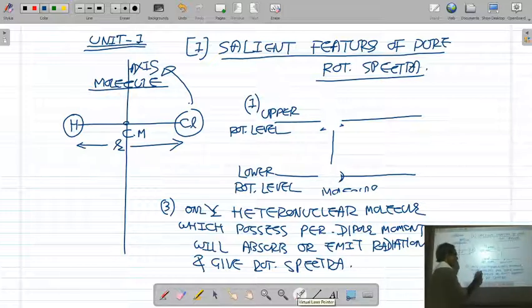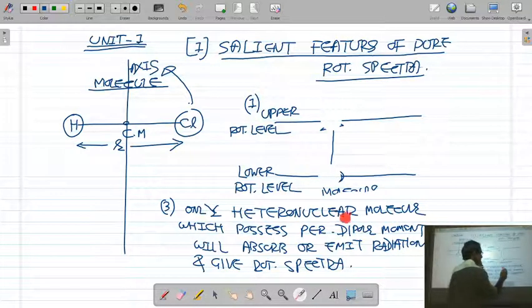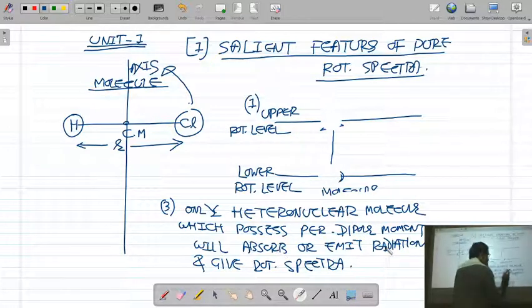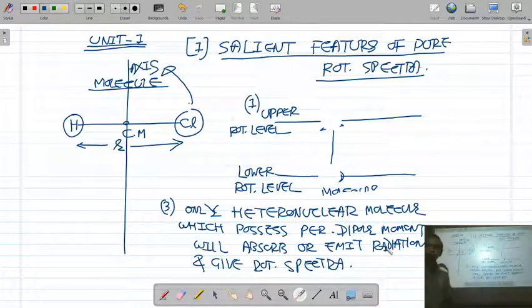You know very well that a heteronuclear molecule has two different atoms, like HCl, HBr, CO, HF. So heteronuclear molecules which possess a permanent dipole moment can absorb or emit radiation, and they are able to give the rotational spectra.